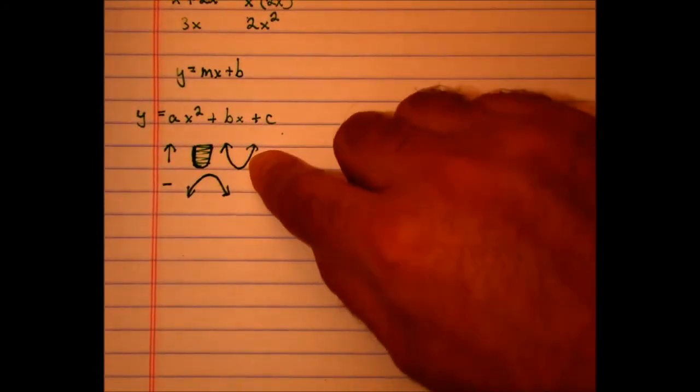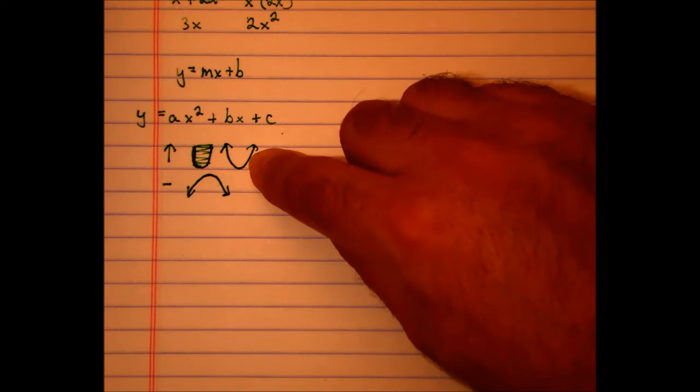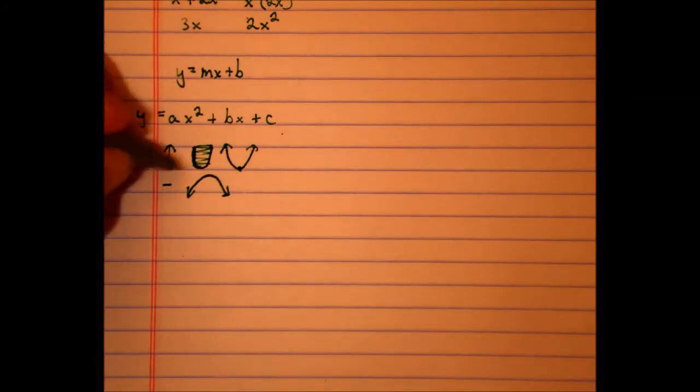Okay? We also knew that this has an absolute what? Can we remember? When we have a positive coefficient, we have an absolute minimum, correct? And when we're going down, we have an absolute maximum.